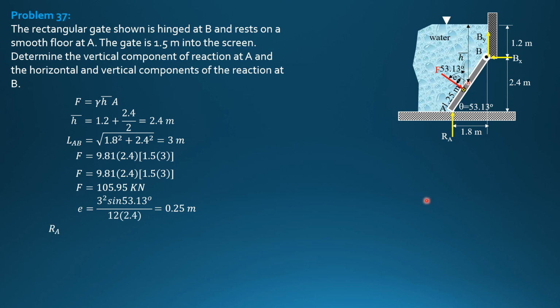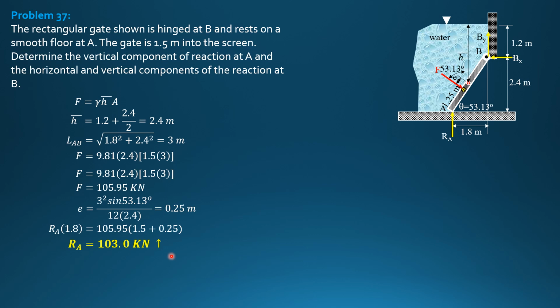So summation of moments about B equals 0. RA times 1.8, that's clockwise, equals counterclockwise moment, F times 1.5 plus E 0.25. So RA is 103 kilonewtons upward.